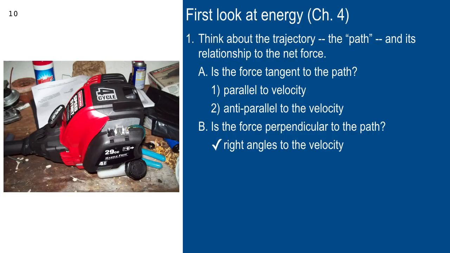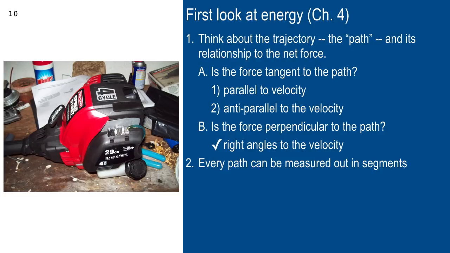We'll be aware of it, but we know that if there's a force perpendicular to the path, whether it's 1 newton or 2,000 newtons or 78 times 10 to the 23 newtons, it's not going to change the speed. It might change the direction, that's nice, but it's not going to change the speed. Energy encodes the speed, but not the direction. Momentum is encoded with direction, but not energy.